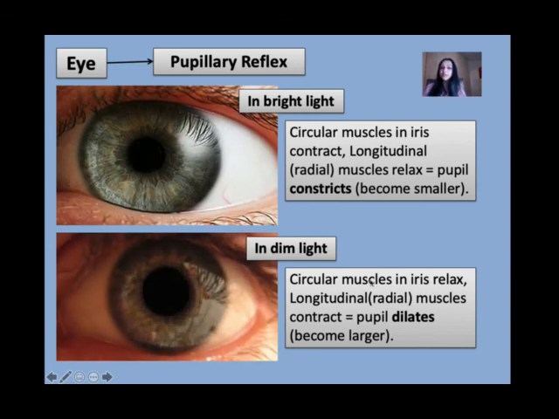My circular muscles in my iris will now relax, while my radial muscles do the opposite and contract. And when that happens, my pupil is going to dilate. Dilate means it's going to become larger, allowing much more light to enter into my eye. So that is what happens during the pupillary reflex.